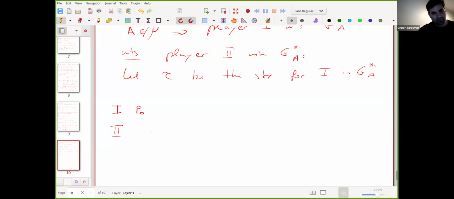So she's going to ignore it and play one's first strategy. So this is tau empty. That's one's first move. Then two will play P2, but now one can play what? Two can play tau applied to these two, P0 union P2, or concatenated P2.